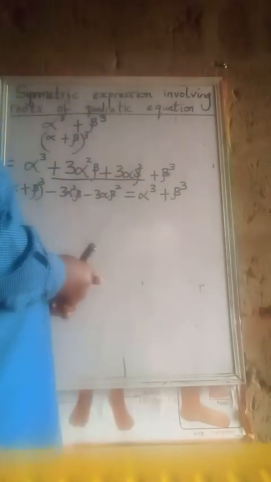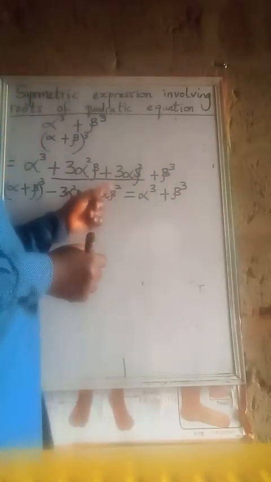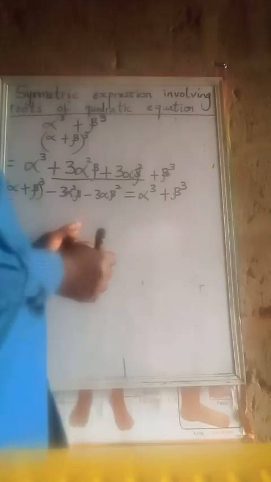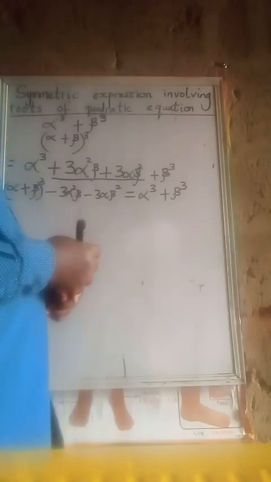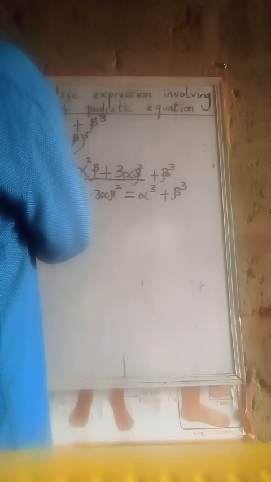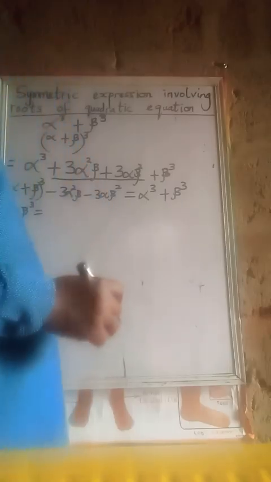So we have subtracted this 3 alpha square beta and 3 alpha beta square from this side.